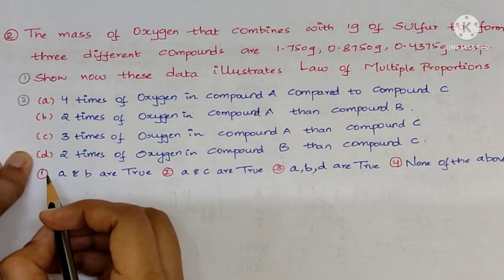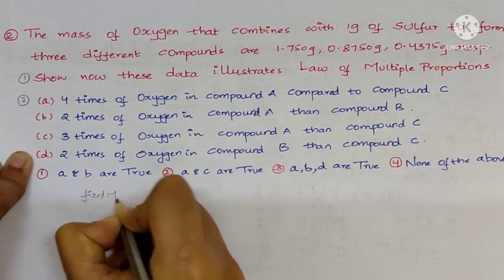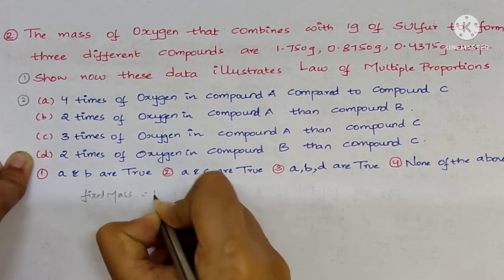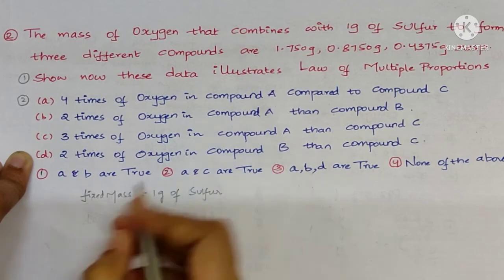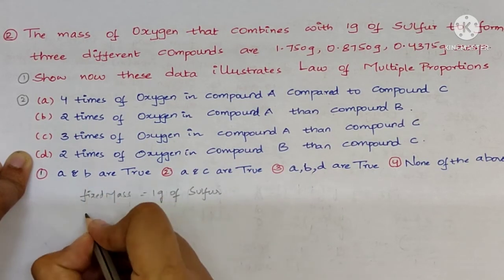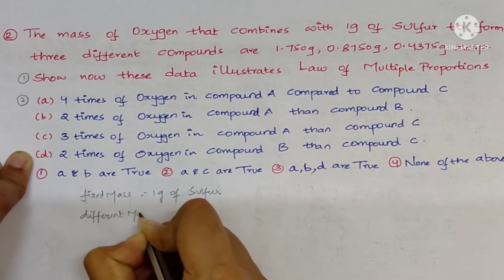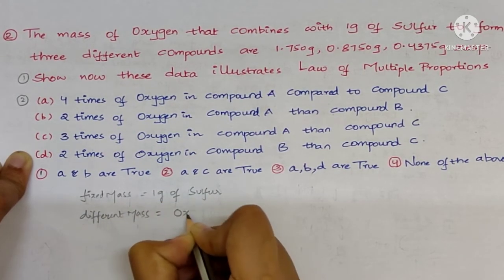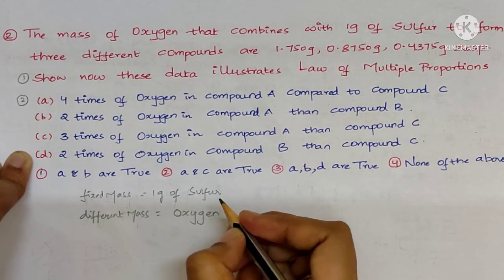Here, what is the fixed mass, students? Which element is having a fixed mass in the above question? 1 gram of sulfur. And which element is having different masses? Oxygen. So now, what are the different masses?